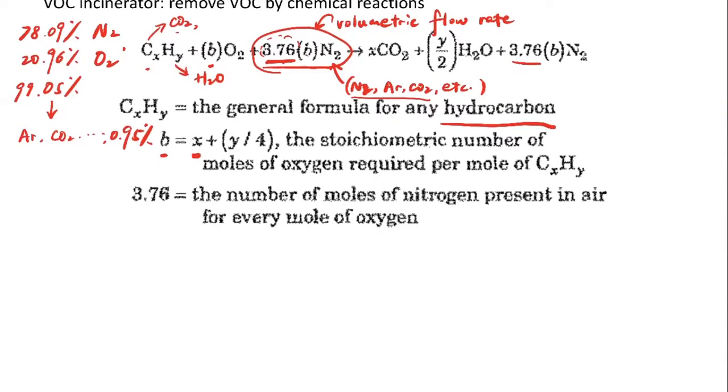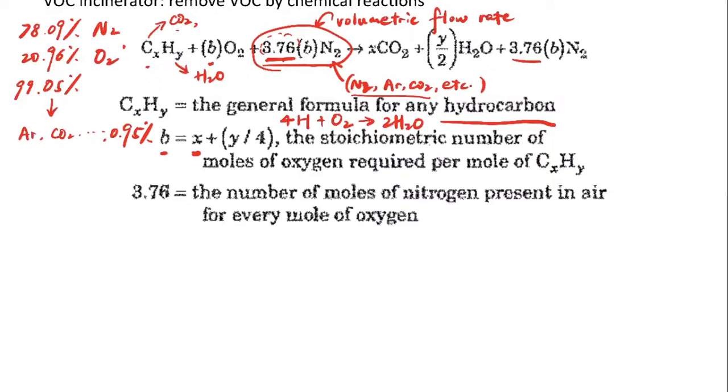And then in terms of water, that's going to be Y divided by 4, mainly because 4 hydrogen atoms will react with 1 molecule of oxygen to form 2 molecules of water, right? So that's why we have Y divided by 4 to be the number corresponding to the hydrogen, okay?